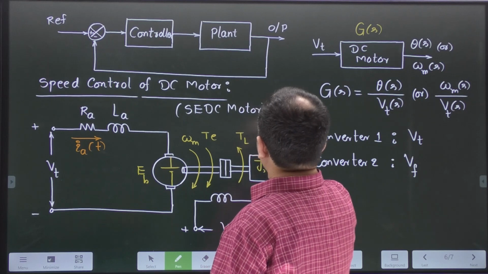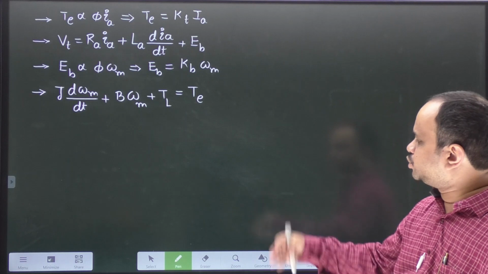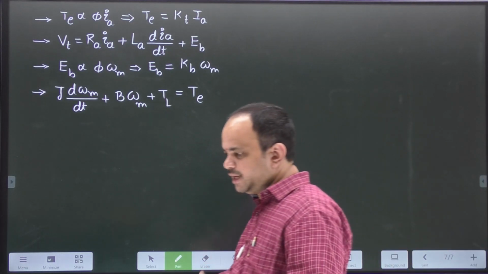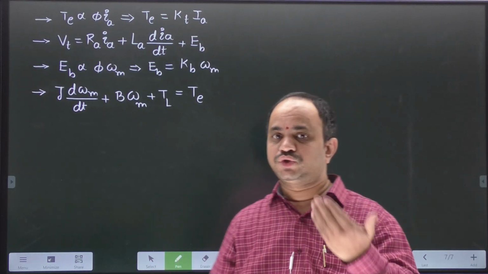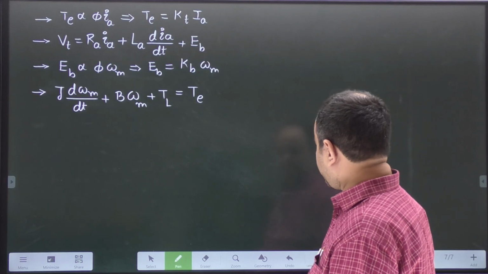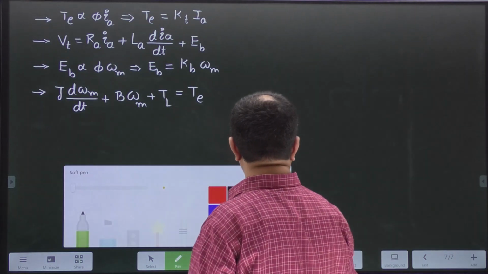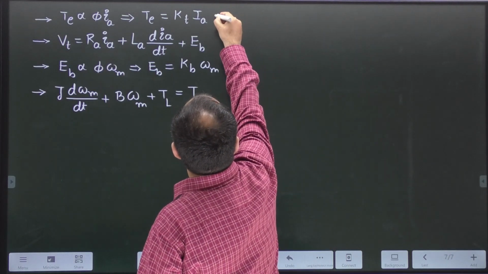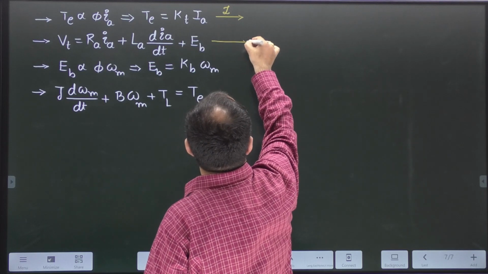What do you mean by a separately excited machine? The field flux is assumed to be constant, maintained constant by some external field source, the field circuit. Now, let us convert all of these equations into the S domain by using the Laplace transform.